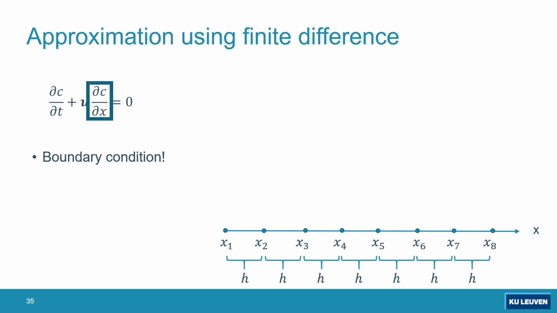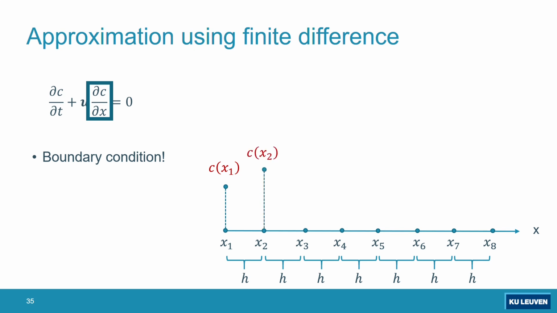And that's where the term that you've heard about a lot comes into play, boundary condition. It says that we know the value of the function at one of the nodes, which are usually on the boundary. In this case, it can be this one. So we know the value of c at x1, and using that and the behavior of the function defined here, we can calculate the value of c at x2, which would be something like this.